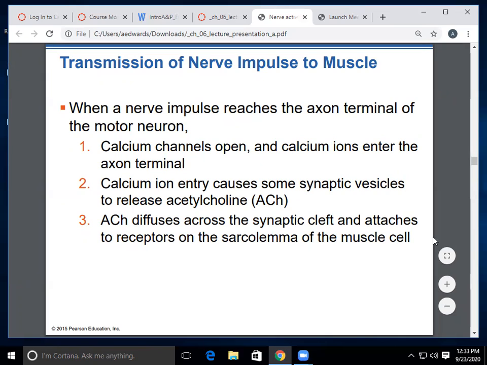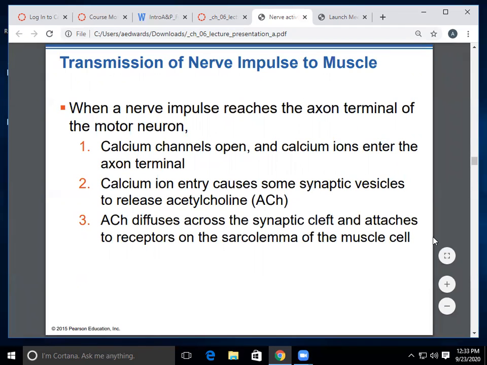So at that point, calcium ion entry is going to lead to the synaptic vesicles. Remember vesicles? Okay. And they'll release a neurotransmitter called acetylcholine, abbreviated ACh. And we'll see a picture of this in a moment.